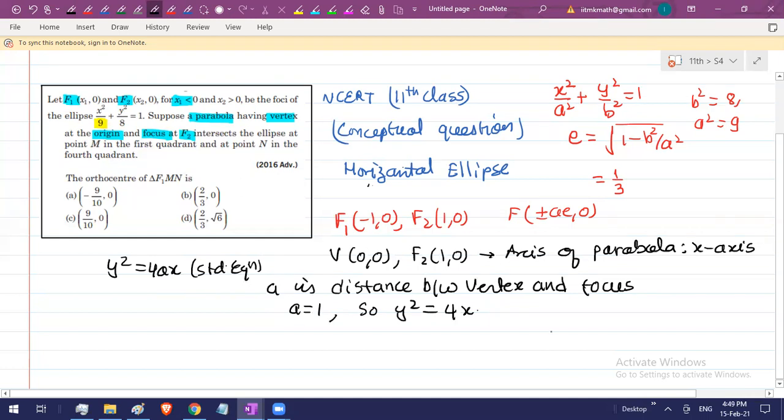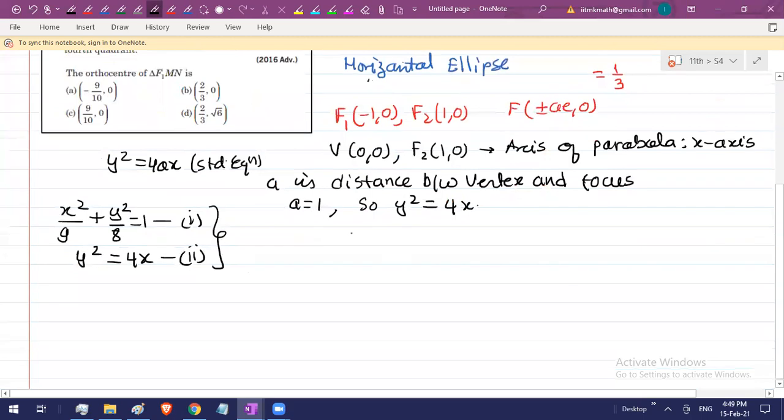Fine. Now we will calculate the point of intersection of the ellipse and the parabola. The ellipse and parabola intersect at point M in the first quadrant, right? So simply you can use these two equations. The first equation is x square upon 9 plus y square upon 8 is equal to 1, and the second equation is y square is equal to 4x. How to solve them?